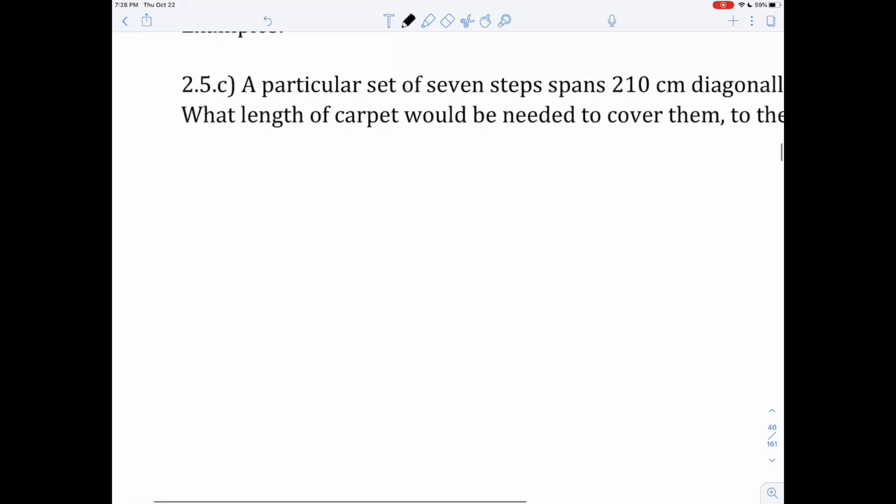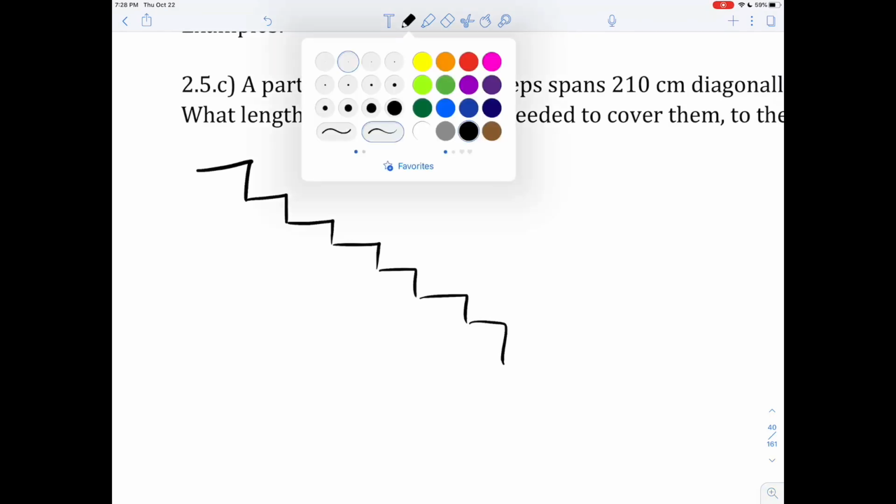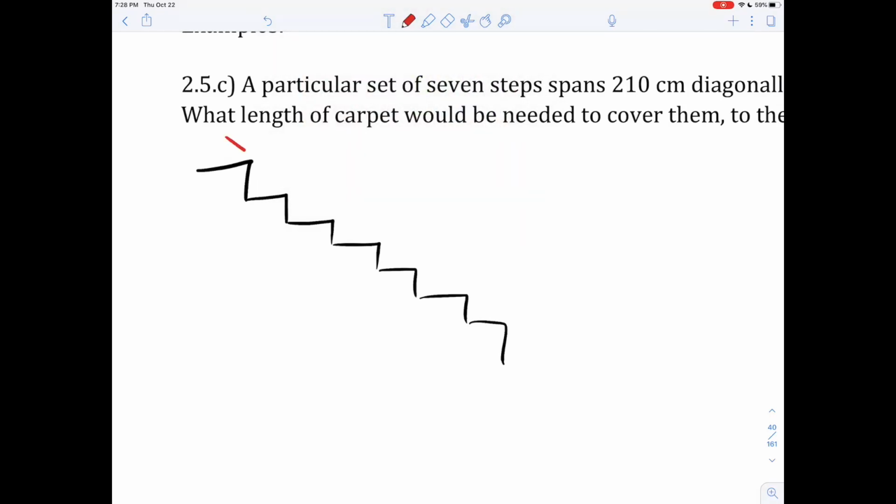Just so we're clear, when you have 7 steps, like there's 1, 2, 3, 4, 5, 6, 7, people don't just lay on a roll of carpet like this and say, well, we're done. No, they're going to carpet the top and the front of each step as it goes down. So we do the same.